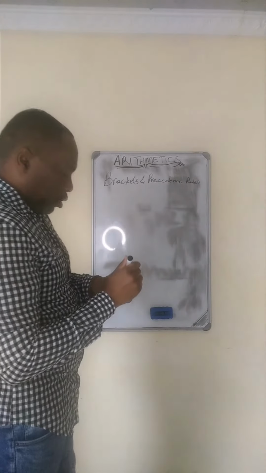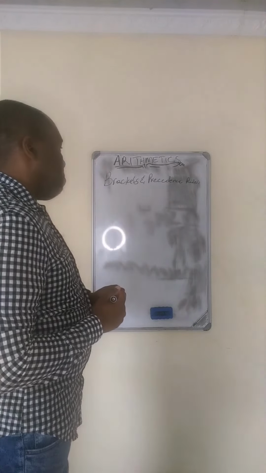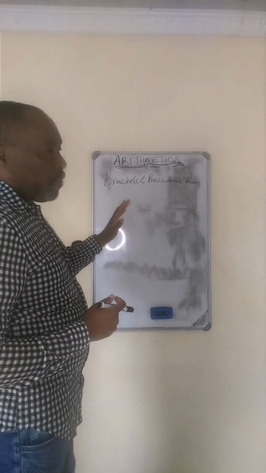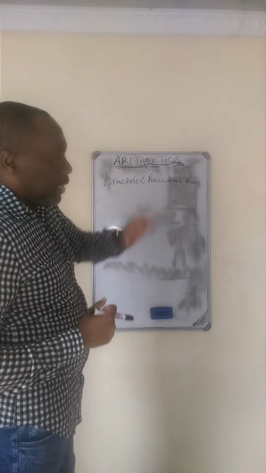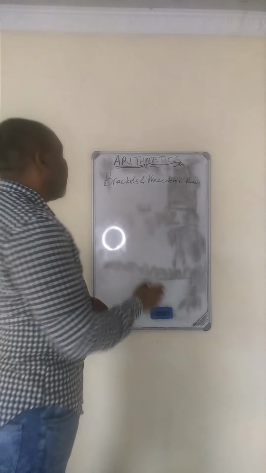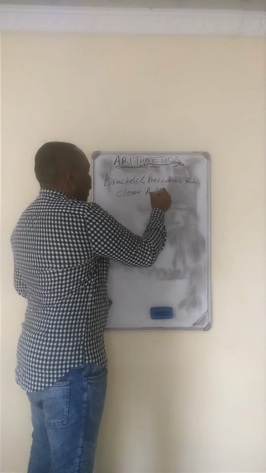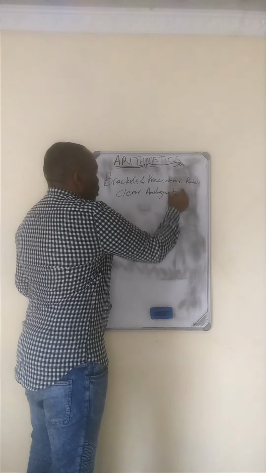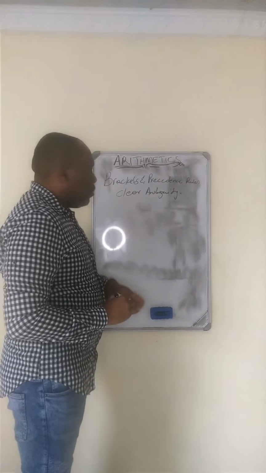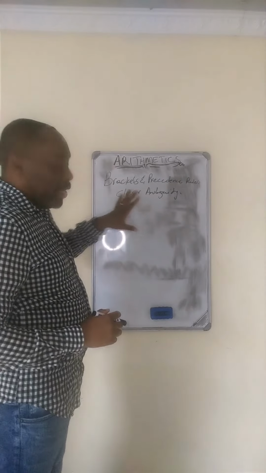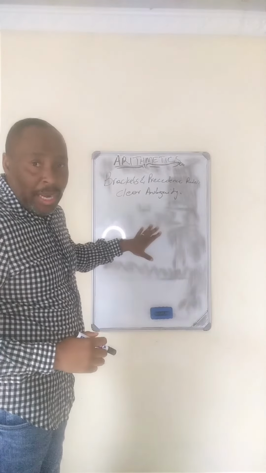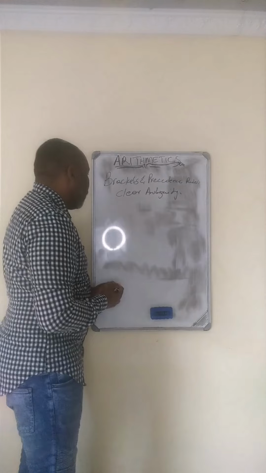Brackets and precedence rule. The purpose of this brackets and precedence rule is to do away with ambiguity, to clear ambiguity. But for me to further explain, it would be best if I do an example. You will see what I'm talking about. Let's get on with it.